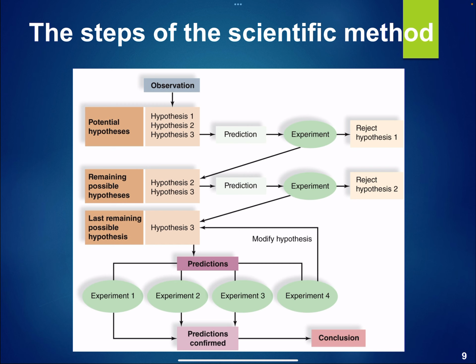That observation is going to trigger questions. These questions are going to cause us to think about potential explanations, or hypotheses. We can have many hypotheses for a particular question, right?